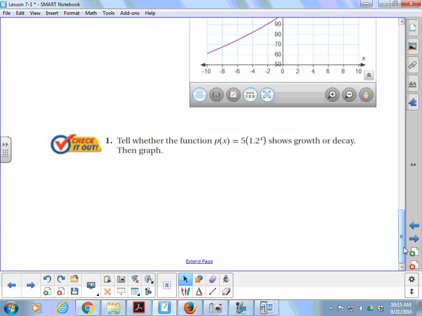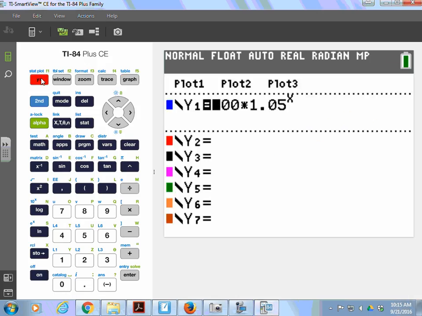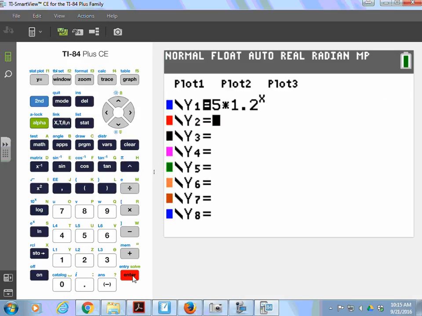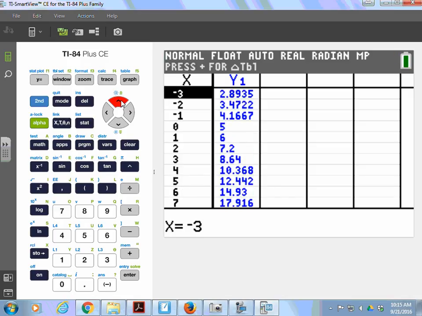So if I did 5 times 1.2 to the power of x, then you want to go to your table and at least include from -2 to 3. Those points should be somewhat accurately on your graph.